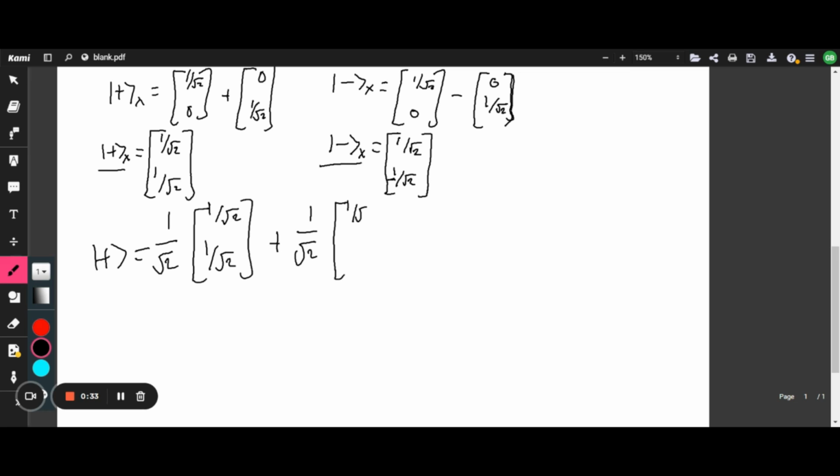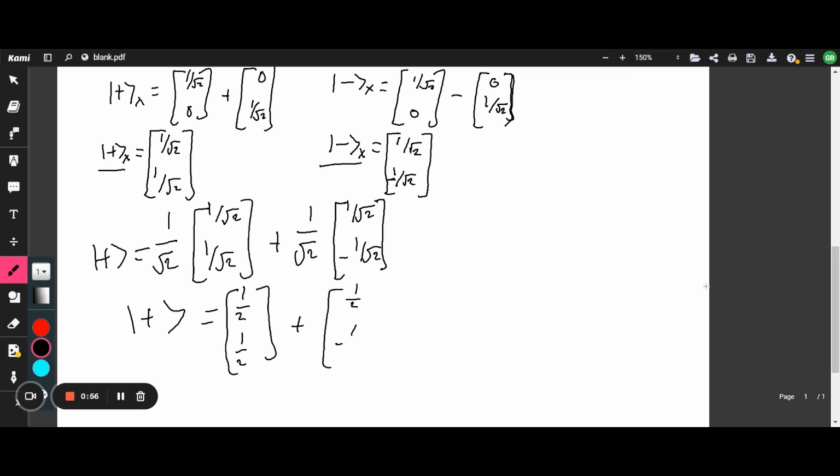So 1 over square root of 2 times 1 over square root of 2, negative 1 over square root of 2. So multiplying this out, we can get spin up in the z direction as 1/2, 1/2 plus 1/2, negative 1/2.